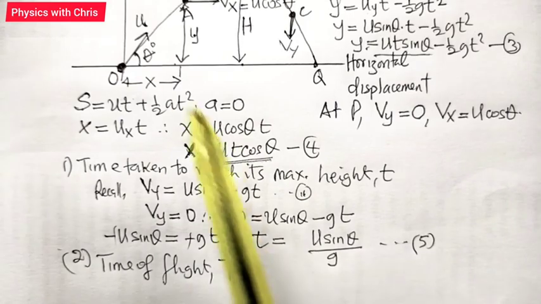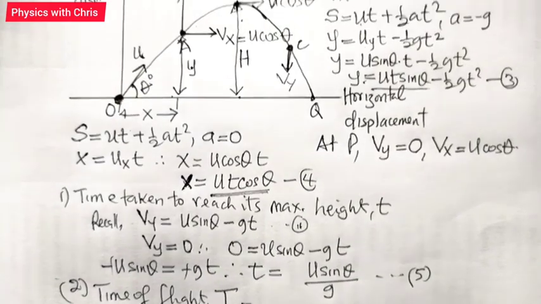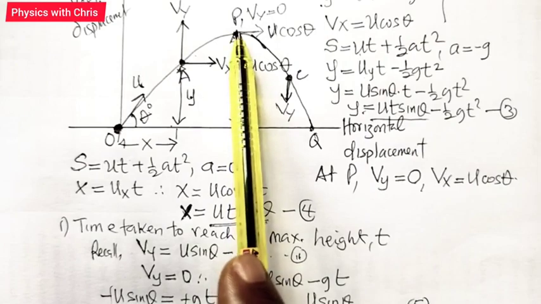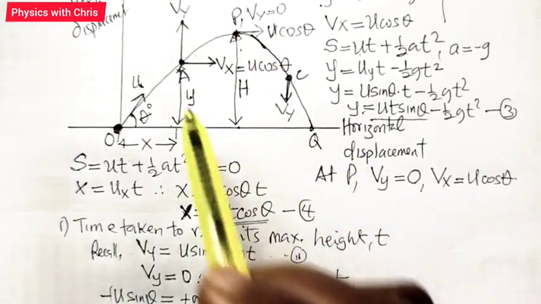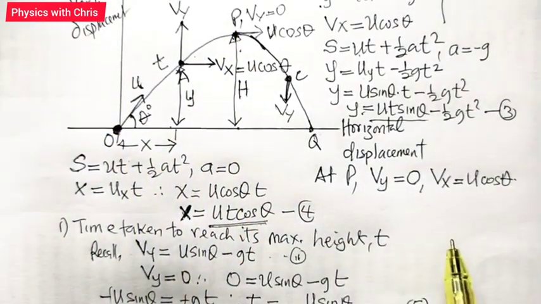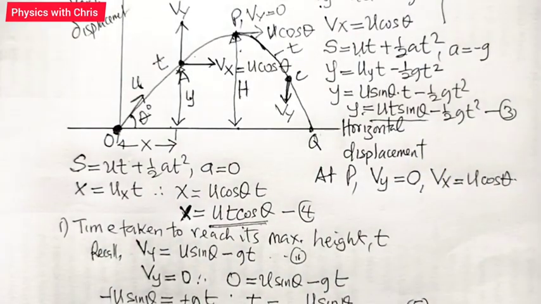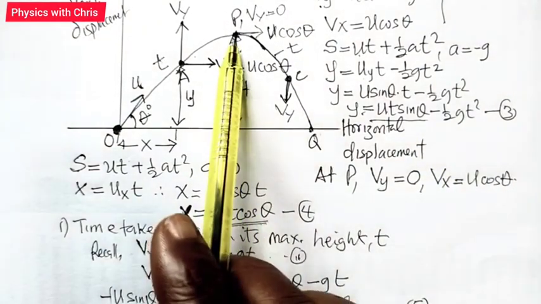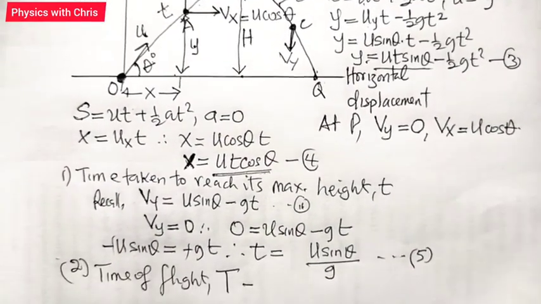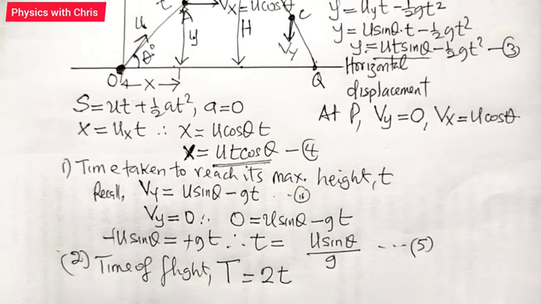And we can see that the time taken for a projectile to go from point O, the point of projection, to point P, is the same as the time taken for the same projectile to go from point P to Q. So if it takes time t to move from point O to point P, it's also going to take the same time t to go from P to Q, meaning that the total time spent by the ball, which is the time of flight, is 2 times the time taken for the projectile to reach its maximum height.